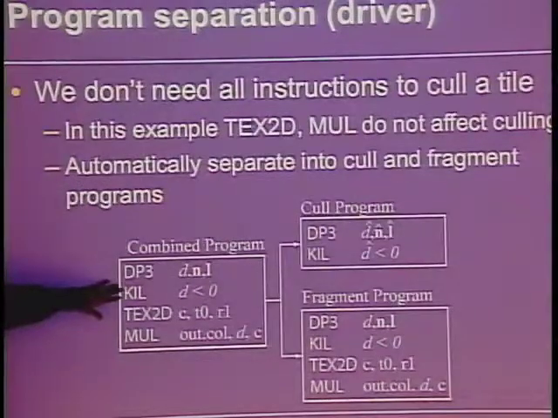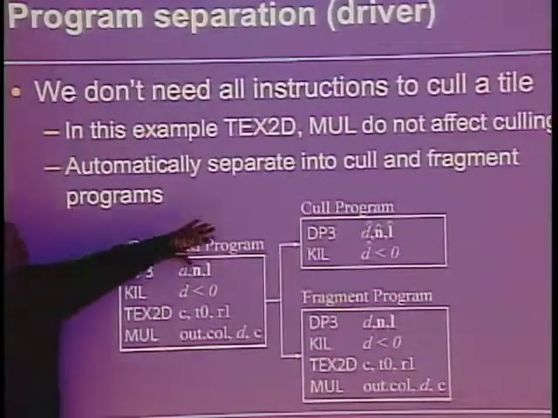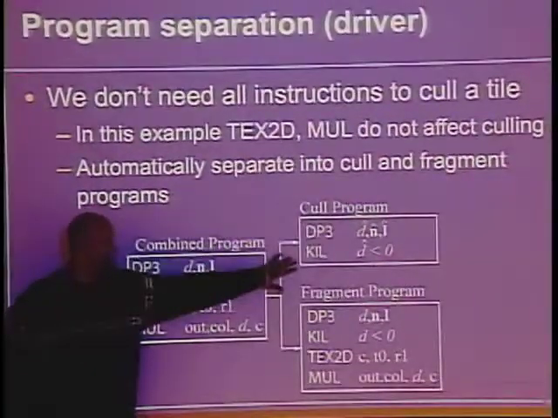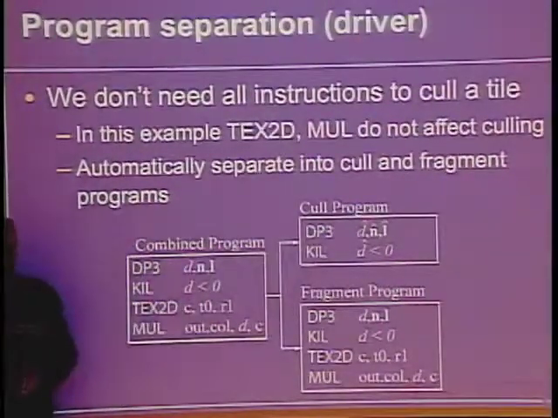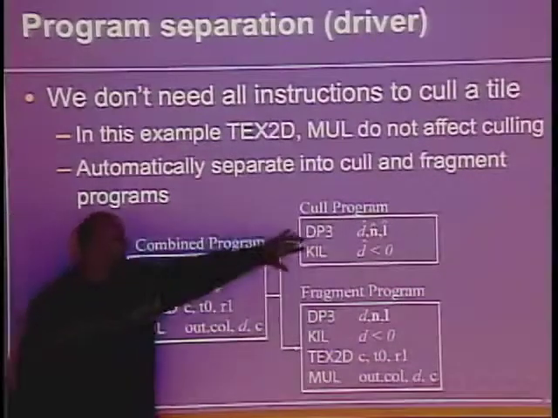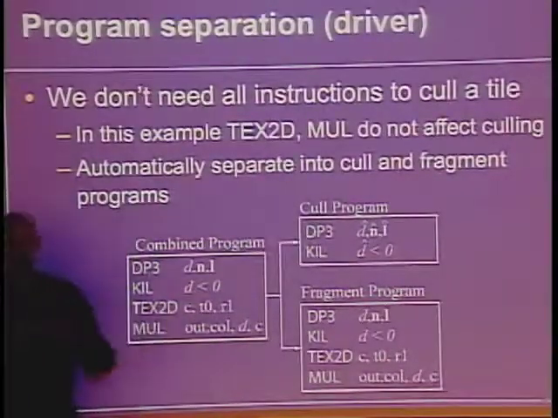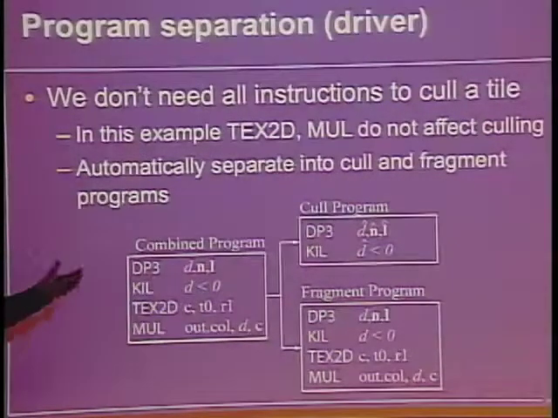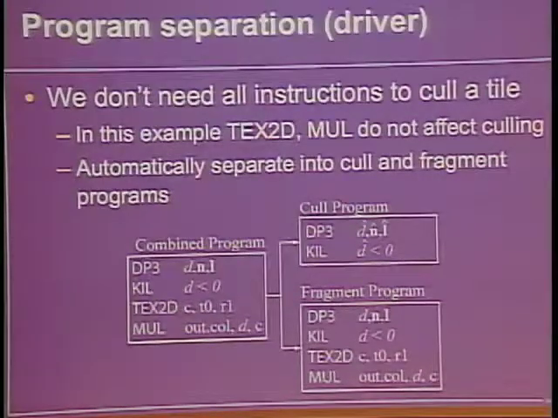So instead we're going to divide this into a cull program and a fragment program, and they had rules for being able to do that. Basically, you throw out all the dead code that doesn't contribute to a kill, and then this is the cull program that you run. So the cull program ends up being potentially much shorter than the overall fragment program, and that can save you some time as well. Their software system totally did that for them.